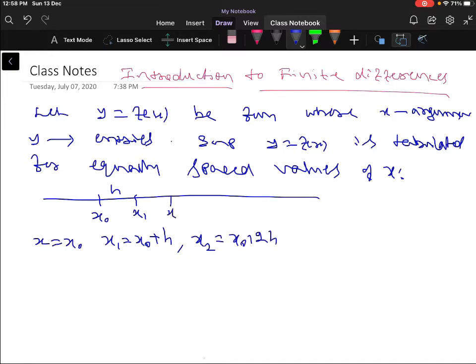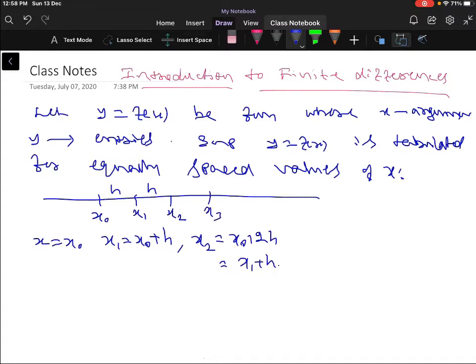So let us define x2 on the real line here. The difference between x2 and x1 is again h. The difference between x2 and x0 is 2h. Or you can write x2 as x1 plus h also.